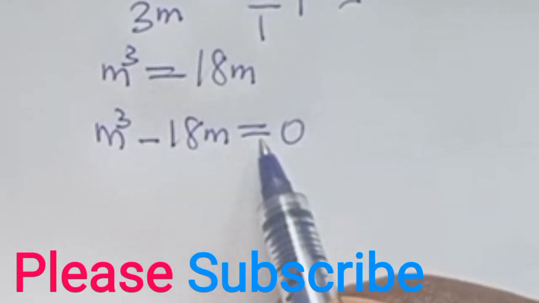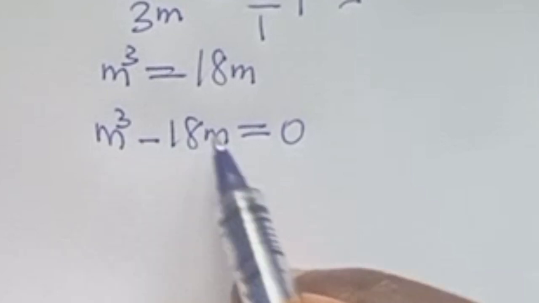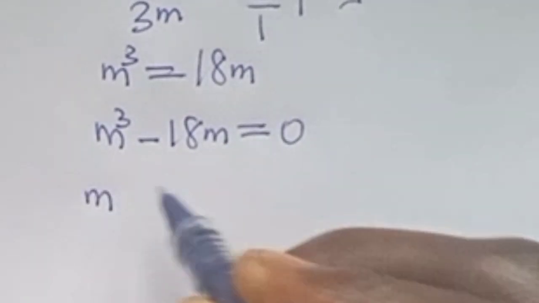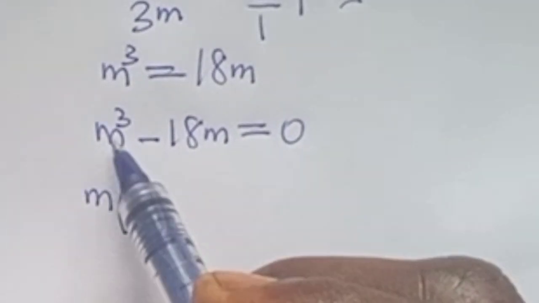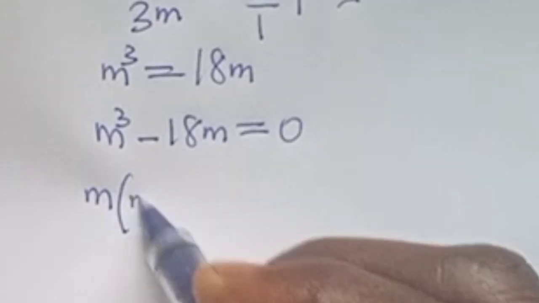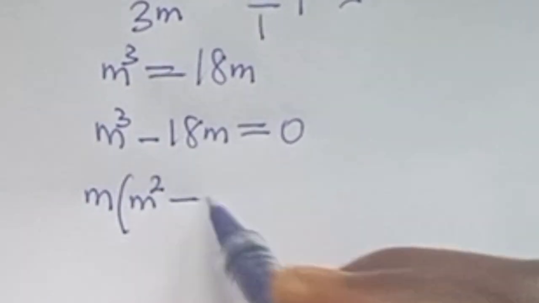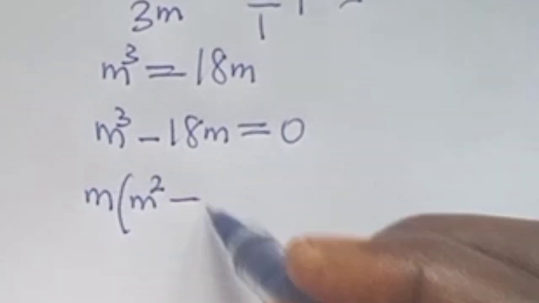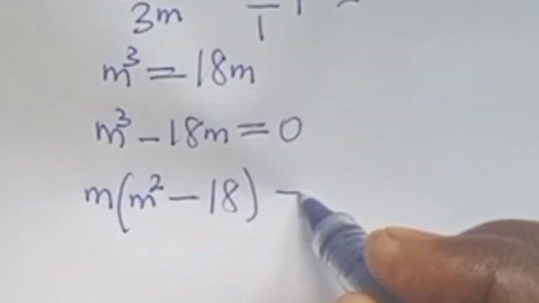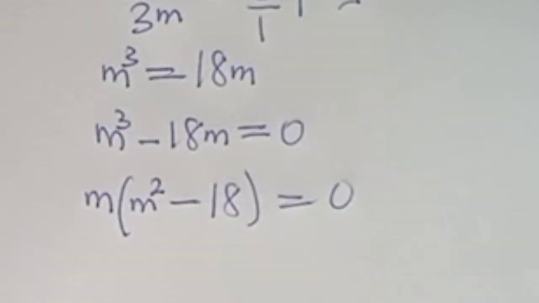And if we do this very well, we're going to factor out m since it's common to both terms. If we bring out m, open a bracket, m to the power of 3 divided by m leaves m to the power of 2, minus 18m divided by m, what is left is 18. This is all equal to 0.